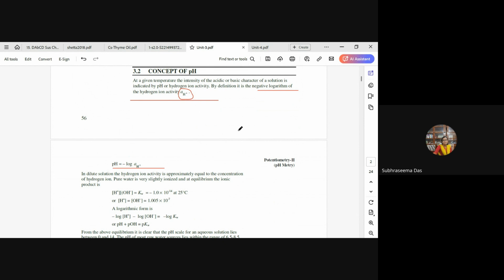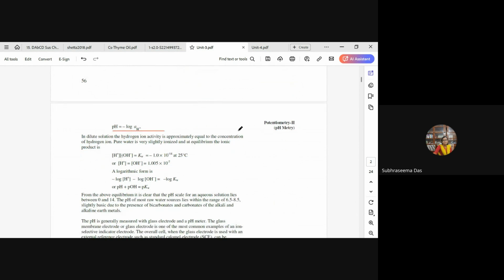Now when we take a dilute solution, the hydrogen ion activity is approximately equal to the concentration of the H plus ion. That is, a H plus is approximately equal to the concentration of H plus for a very dilute solution.